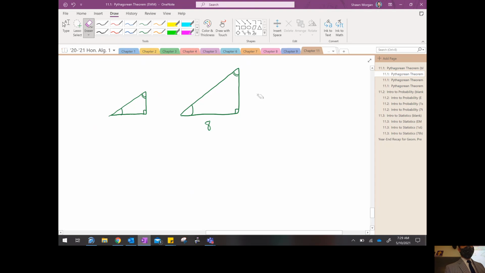Similarly, we'll say this one's 30, this one's 60. Well, that means that this one's 30 and that this one is 60. So I've got, again, similar triangles. And so whereas maybe this side is 1, 2, square root of 3, maybe this side is 5, 10.